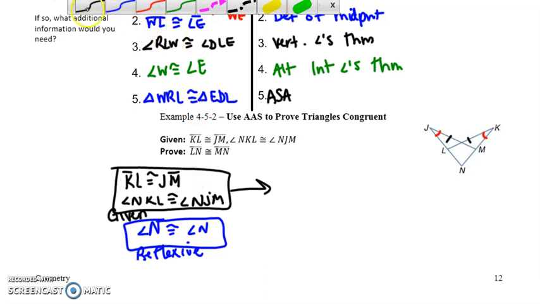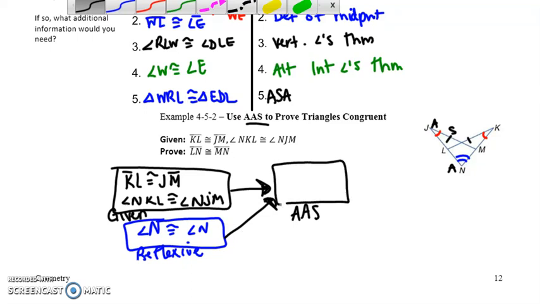I don't think there's anything else we can really pull from the picture, so let's go ahead and use our information that we have there. Let's mark N. There we go. Okay, so now let's see what we've got in our picture. We have an angle and an angle and a side. So it says use angle, angle, side, which we have. So what does that prove? That proves the triangles are congruent.